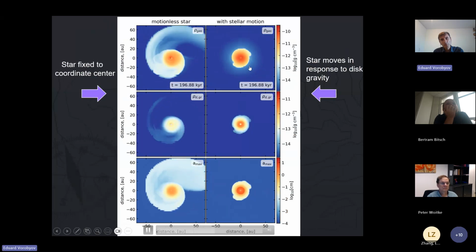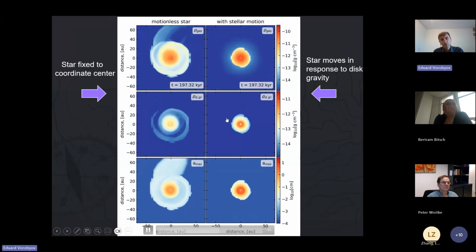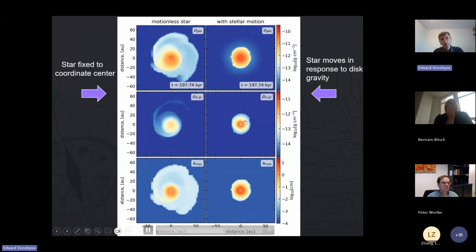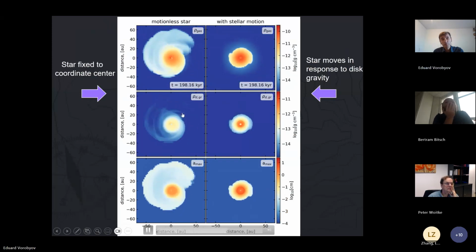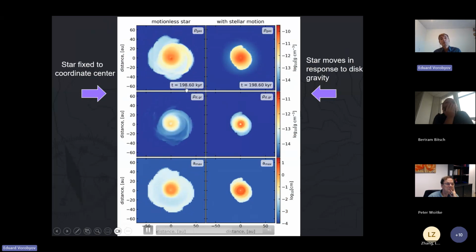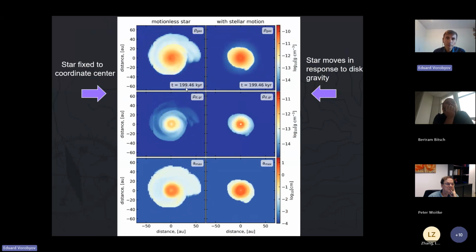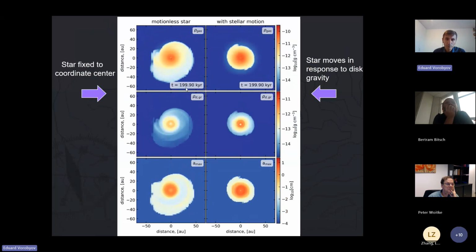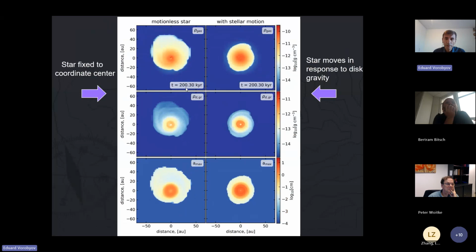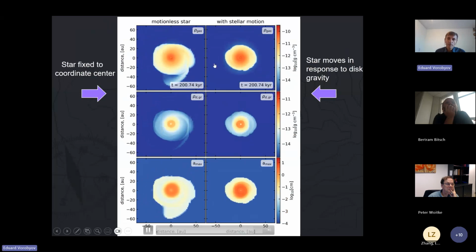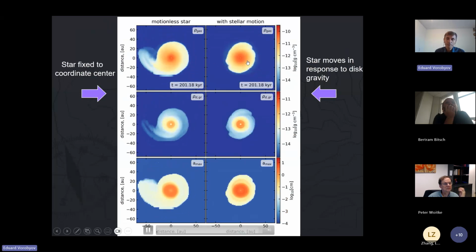But the simulation of a disk with stellar motion lacks this feature. It remains to be understood why the motionless star produces this one-arm spiral. But of course, the moving star is the more realistic case.